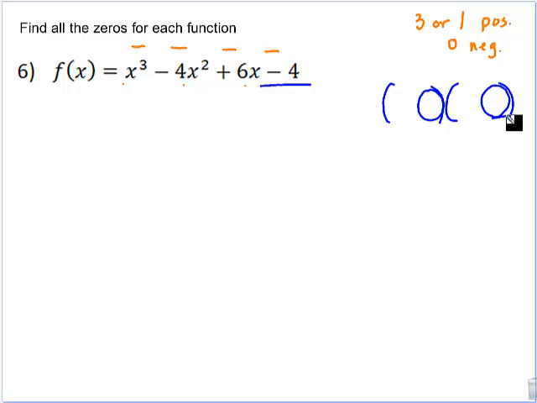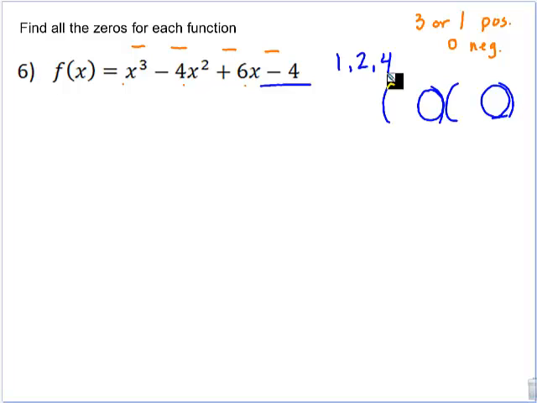So when we're trying to break this down and find the solutions, one of our solutions should be some sort of factor of 4. So we're just going to try the factors of 4. What are our factors of 4? 1, 2, and 4. Hopefully one of these will work out right away for us, and then we'll have our solution.